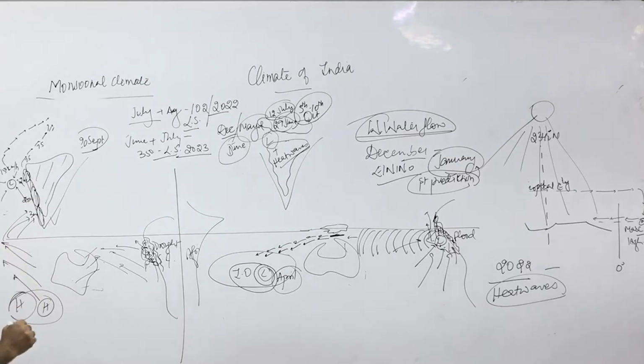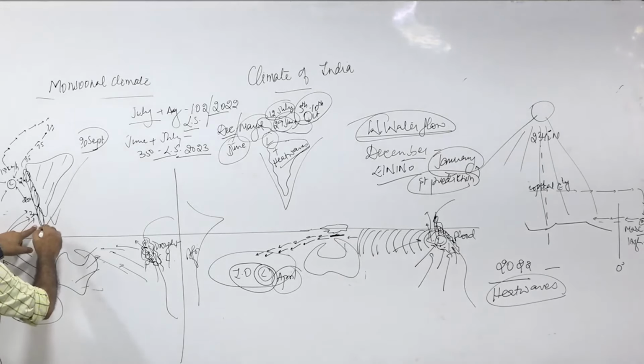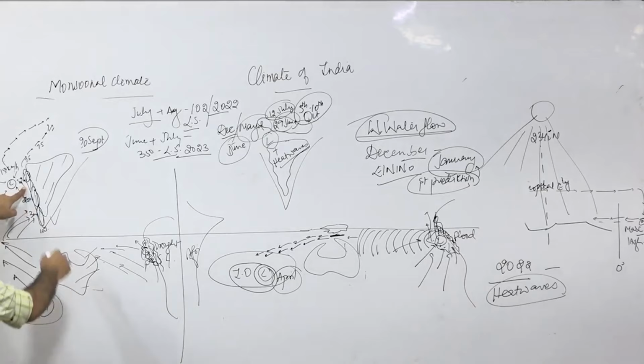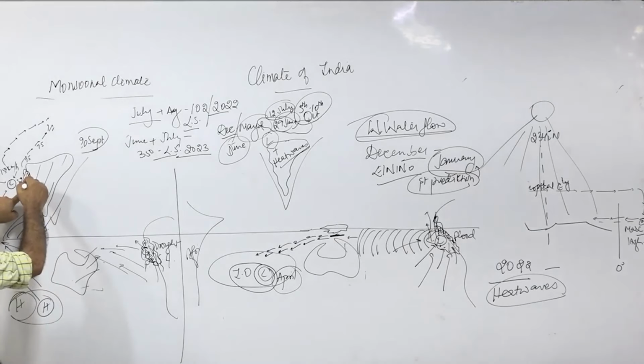Reason kya hua iska? Kerala receives rainfall, or the monsoon reaches Kerala, by the 5th June, maximum. The monsoon reached here on 10th June, right. Mumbai receives rainfall at about 10 to 12th June.